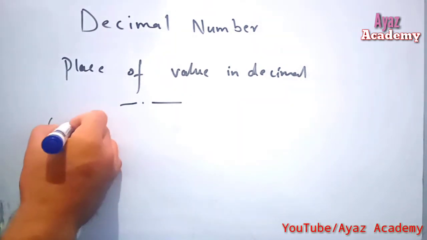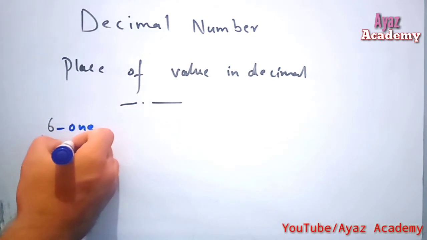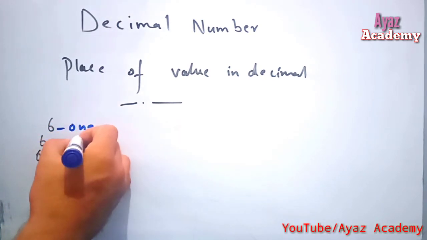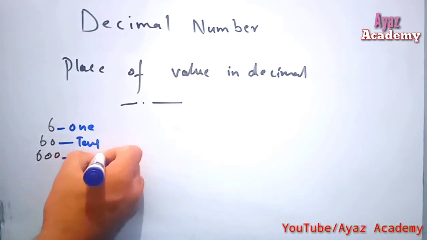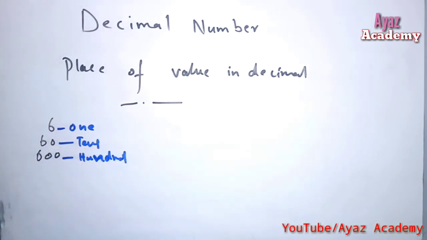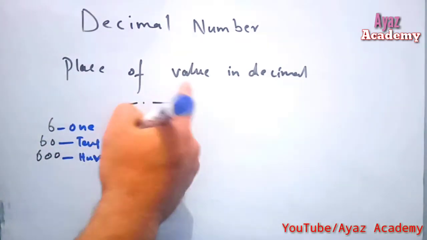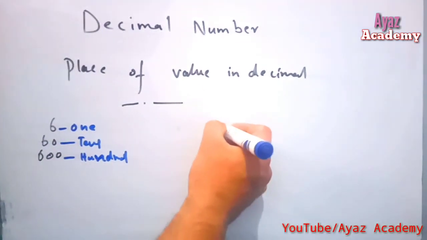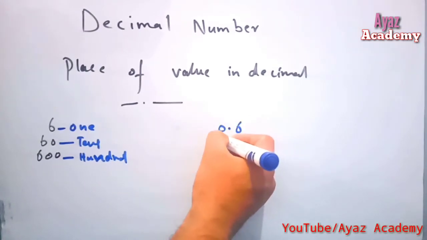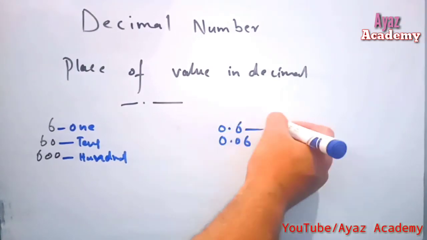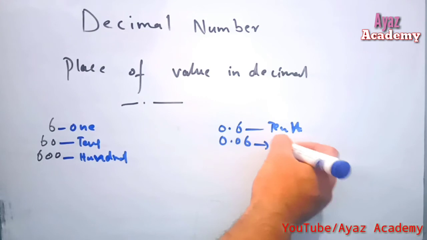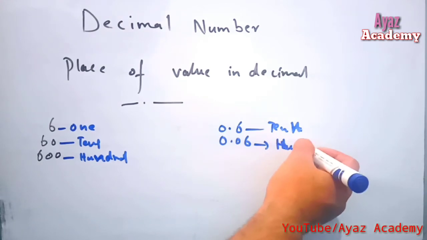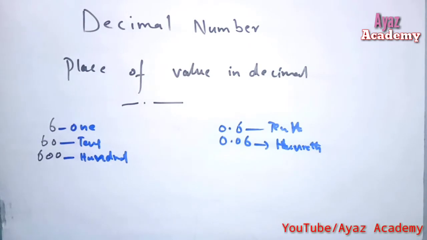This place is called the ones place, this is called the tens place, and this is called the hundreds place. Same here from the point to the right, 0.6 or 0.06. This is called tenth, and this is called hundredth place.